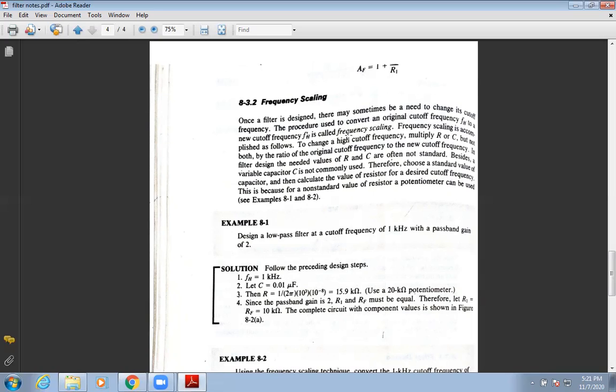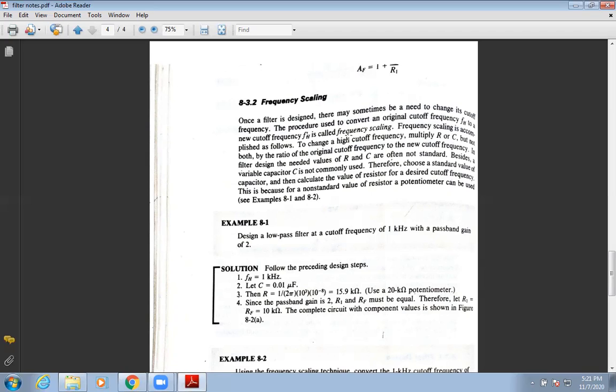Frequency scaling is accomplished as follows. To change a high cutoff frequency, multiply R or C, but not both, by the ratio of the original cutoff frequency to the new cutoff frequency.